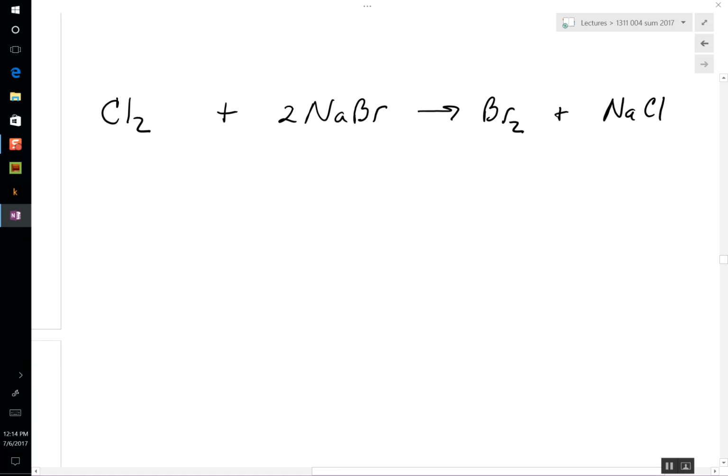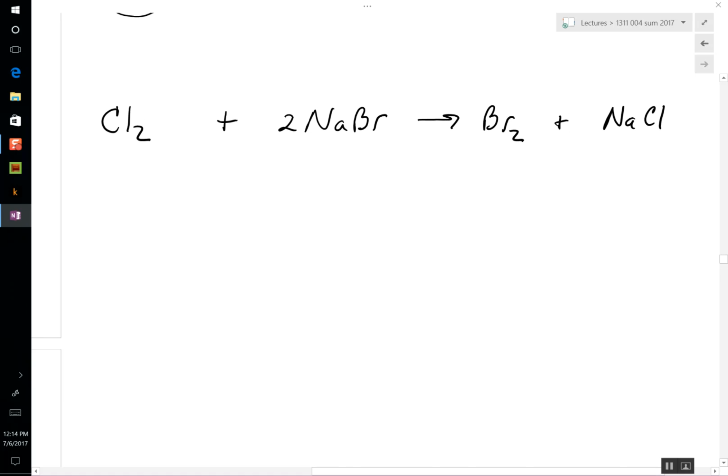Okay, now the way I like to try to do these, my chlorine is in its elemental form, so its oxidation number is 0. I come over here to sodium chloride, and it's in an ionic compound, and its oxidation number is going to be the charge on that ion in that ionic compound.